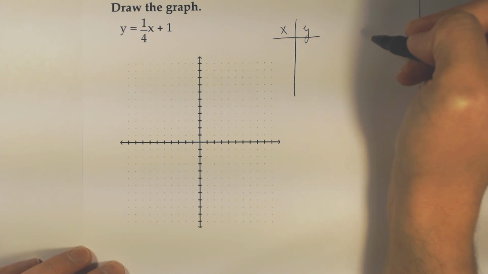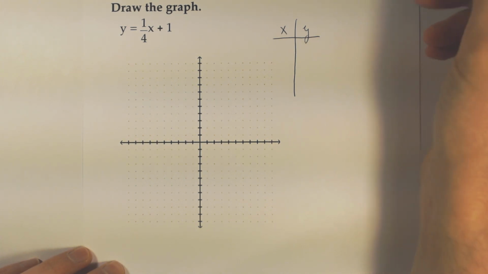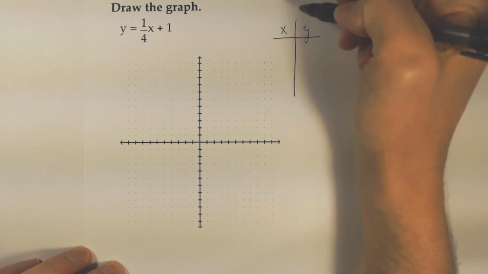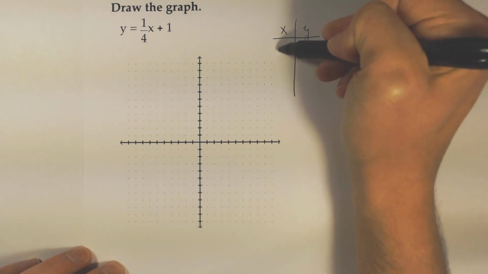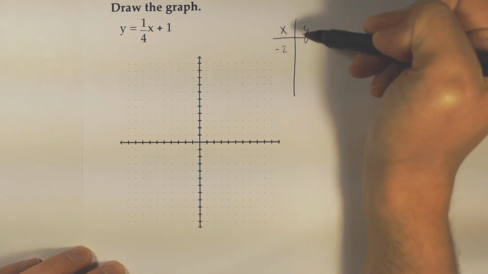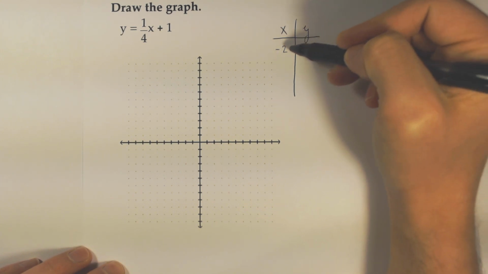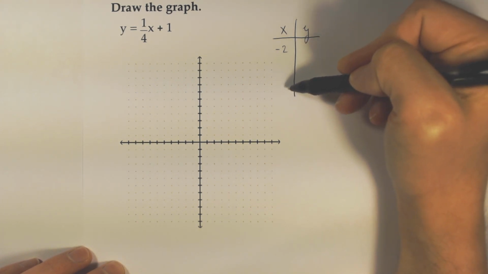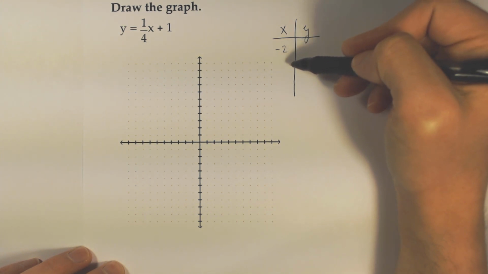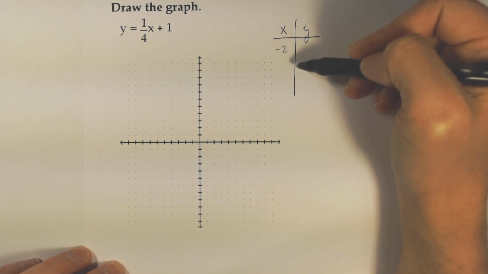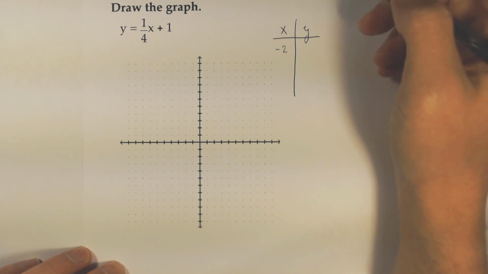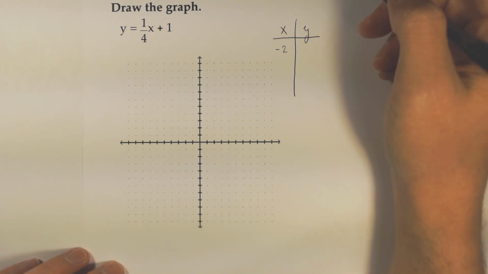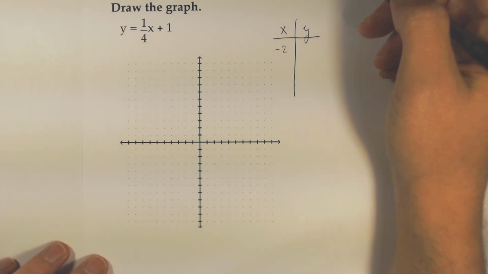Okay, so if you're totally unsure of what the final graph will look like, it's nice to have a pretty broad list of x values that we try. So we'll start maybe with a couple negatives, then we'll do a couple positives, and we'll see where that takes us.